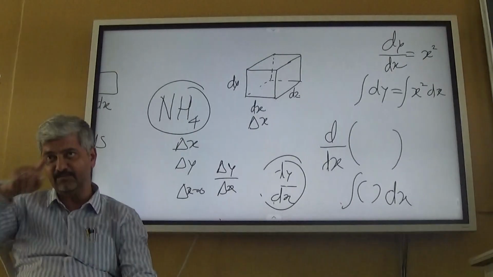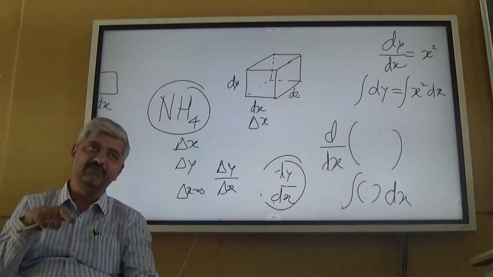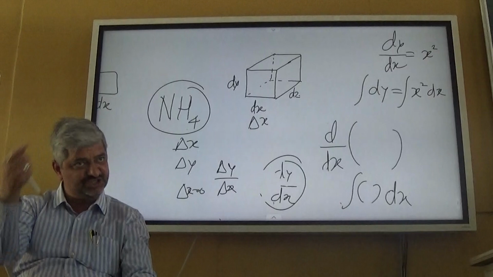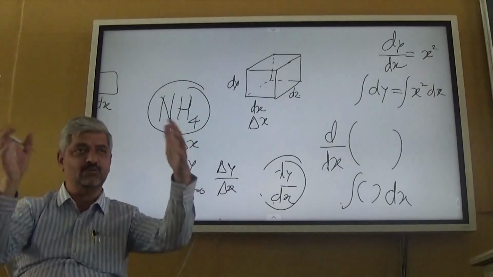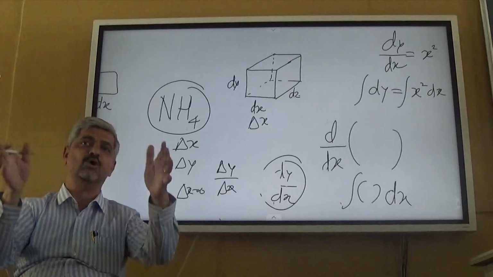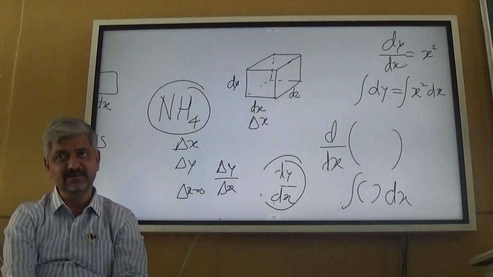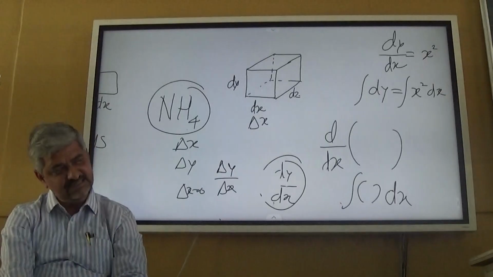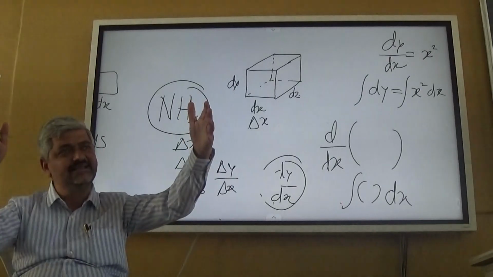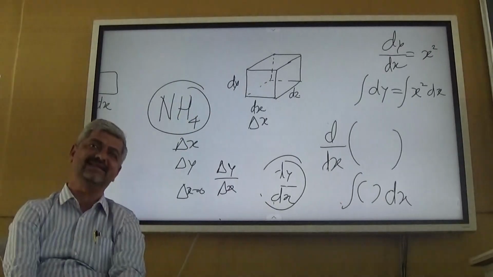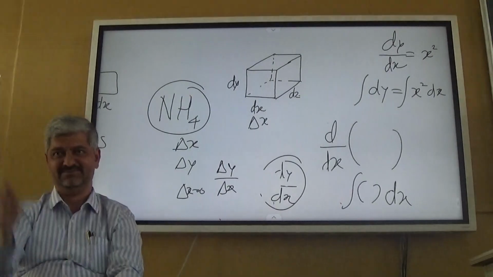If there is a finite volume which contains finite charge, then the total charge in a bigger volume is q, the total volume is v, so charge density is q by v. But charge density of that entire volume has got no meaning that way, because it will vary from point to point.